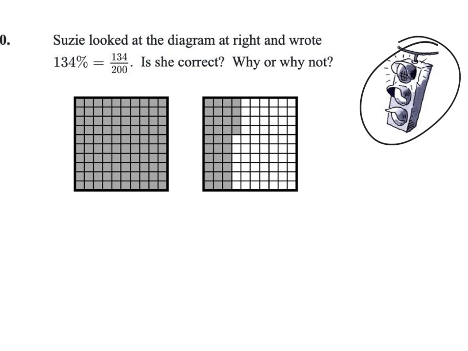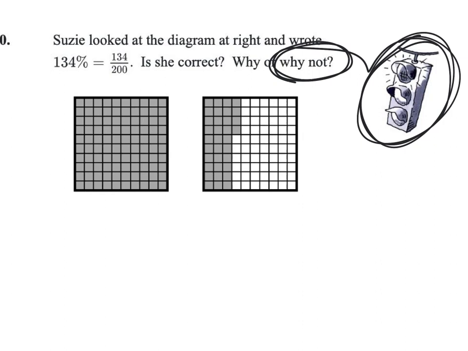Well, I kind of just gave you the hint that when we see this, it's why is she not correct? Think back to Wednesday when we talked about that all percents were out of what? Hopefully you said out of 100. And hopefully you remembered me saying no matter what the percent is.